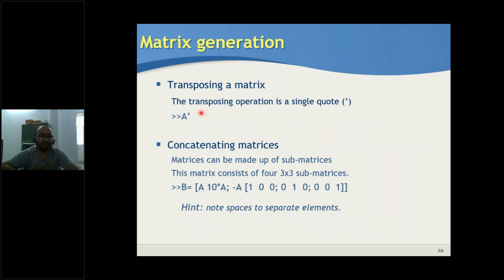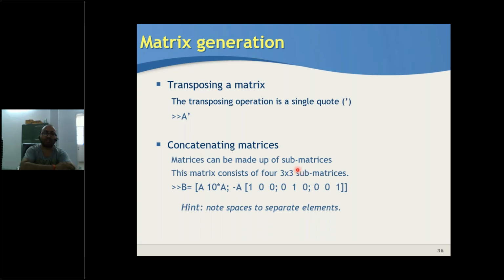Now, if you want to apply the transpose operation, then you can use A followed by a single quote, which will give you the transpose of a matrix. Now, if you want to make a big matrix with the help of small matrices, then you can use the concatenating process. Matrices can be made up of sub matrices. So suppose we have four different 3 cross 3 sub matrices, and we want to make a big matrix.